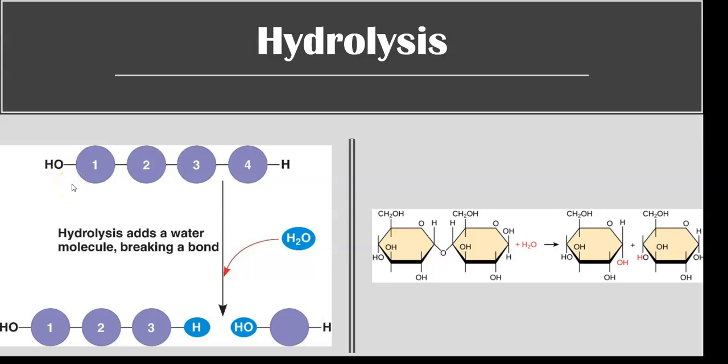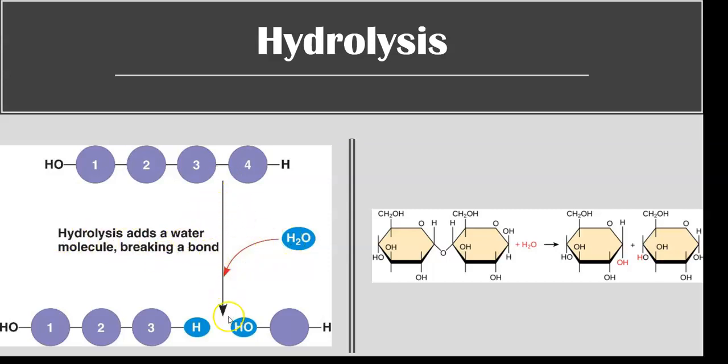But now what we want to do is break this polymer apart into individual monomer units. So in order to do that, we're going to add our 2 hydrogens and an oxygen to break the bond where we want to separate the polymer. So hydrolysis adds a water molecule.